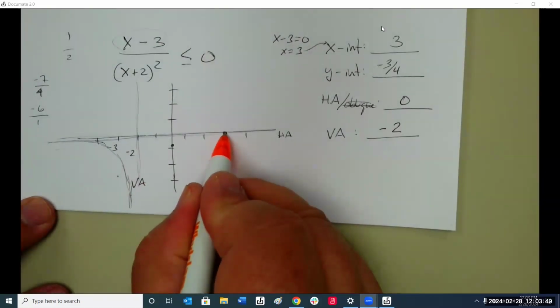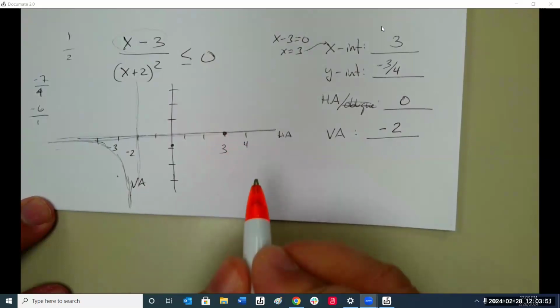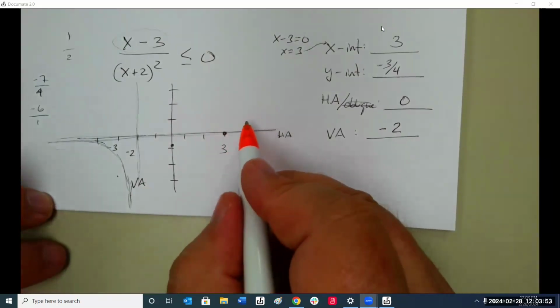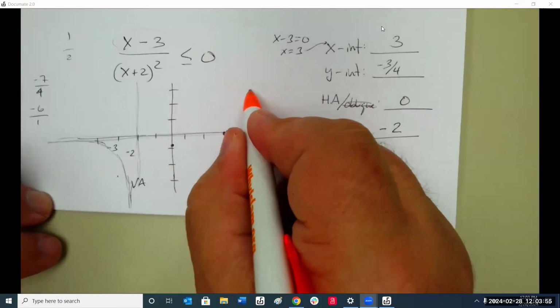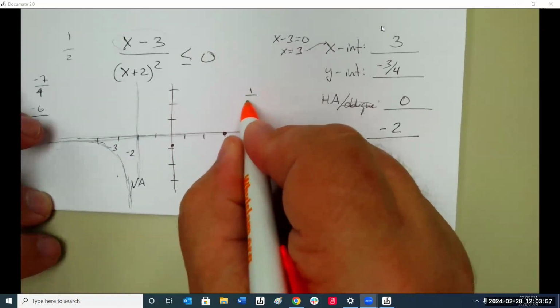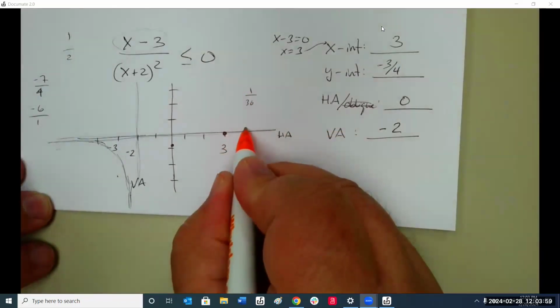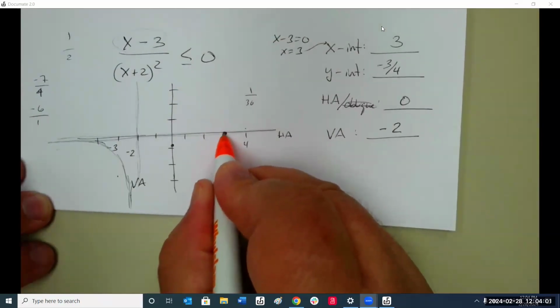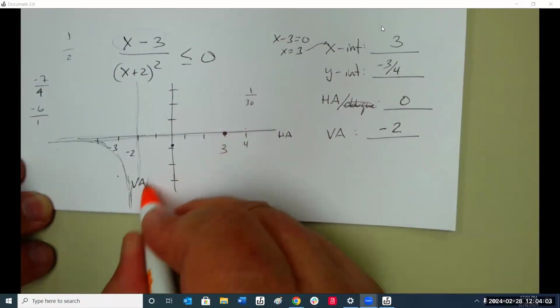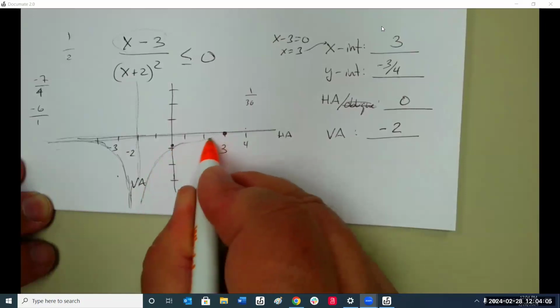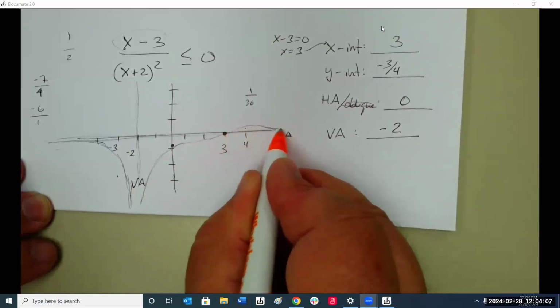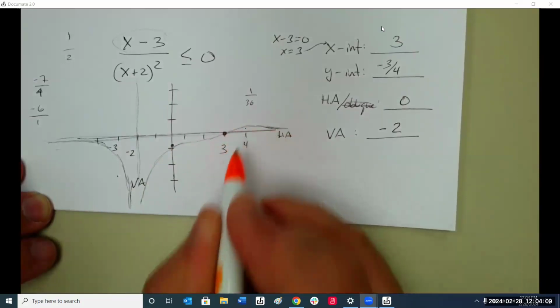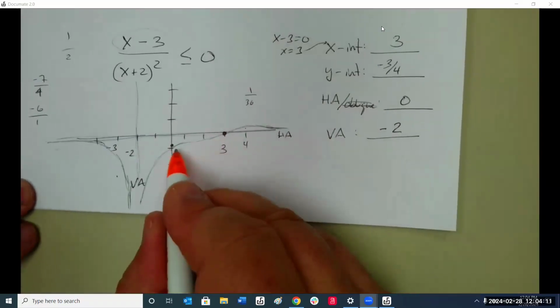And we know this one here. What happens at 4? 4 minus 1 is 1, 6 over 36. Something like that.